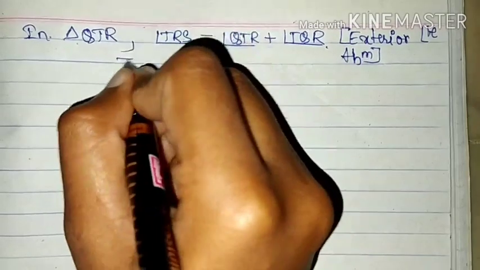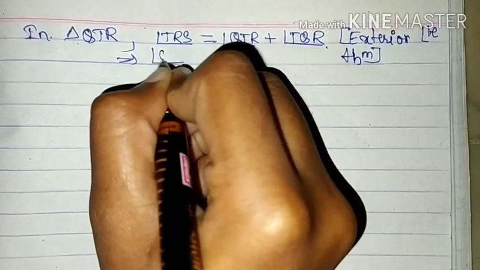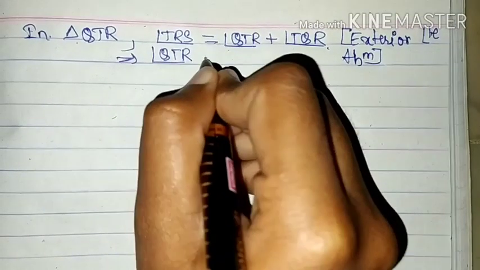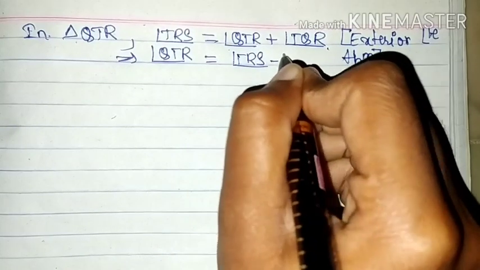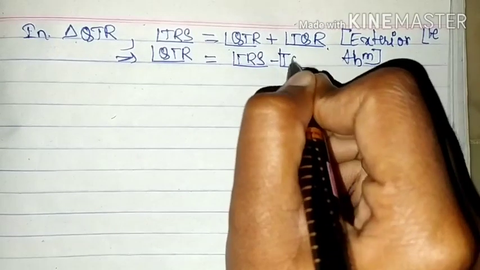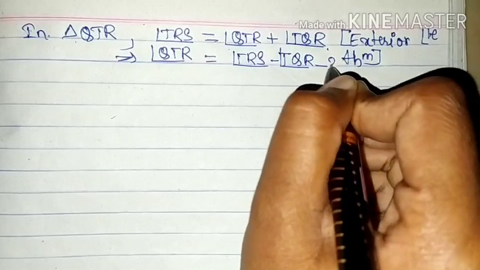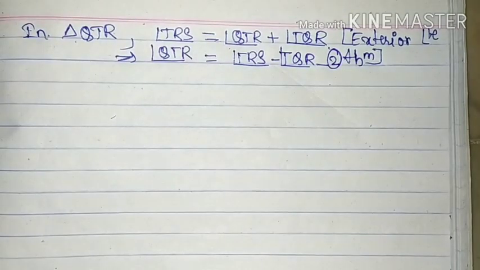So this implies, on rearranging, angle QTR is equal to angle TRS minus angle TQR. Name this as result 2.